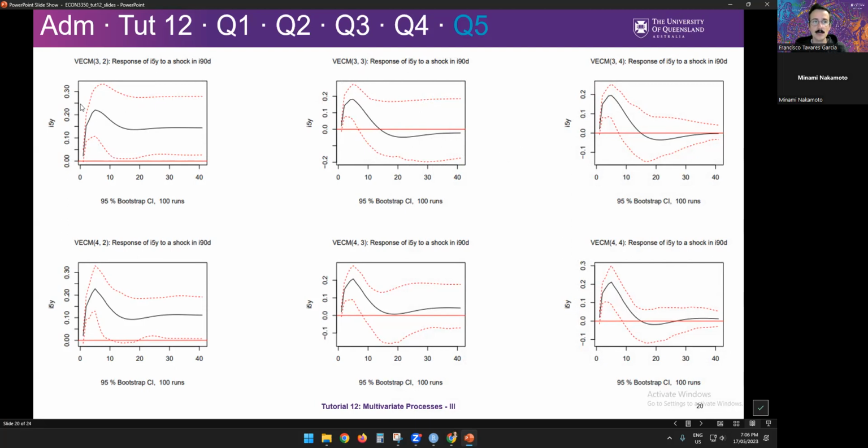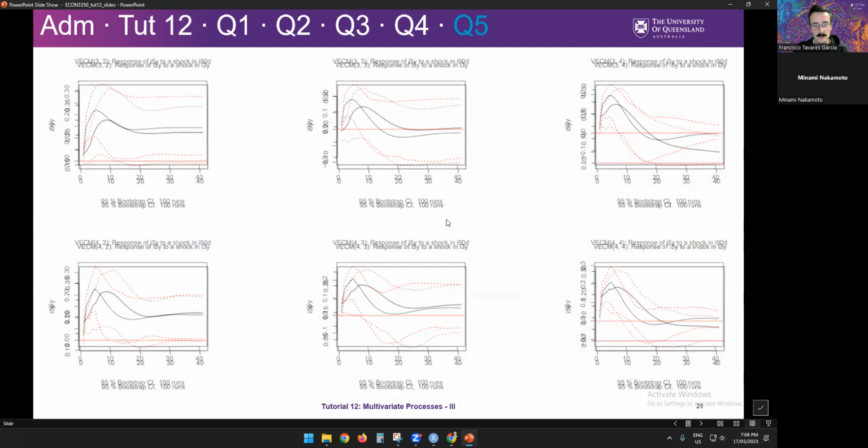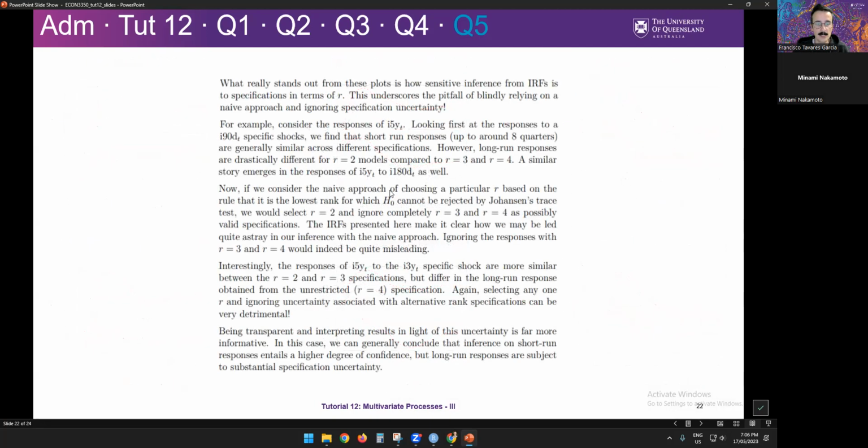Okay, so this impulse response function, although it's just an impulse, it changes permanently the value if you're dealing with a co-integration rank of 2. The same is happening for 4 lags. Look, goes up 0.2 for all of them, but it just comes back to 0 in the unrestricted VAR or VAR with co-integration rank 4 and 3, but not with 2. So this is one of the differences you will see here.